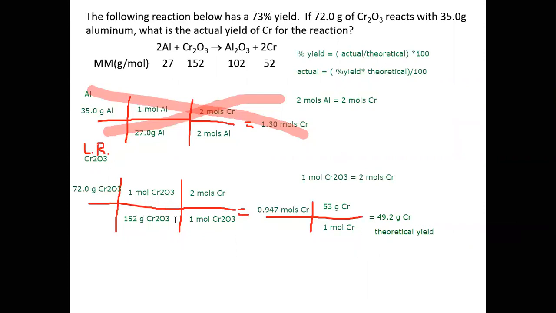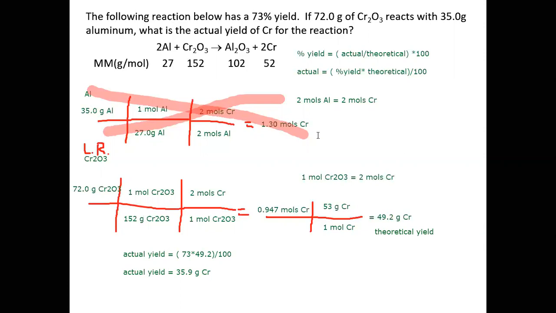So now we have the theoretical yield, we have the percent yield, we can calculate the actual yield. Basically, we're taking 73% of 49.2. And we get 35.9 grams of chromium. So that would be the actual yield based on the fact that this reaction gets a 73% yield.